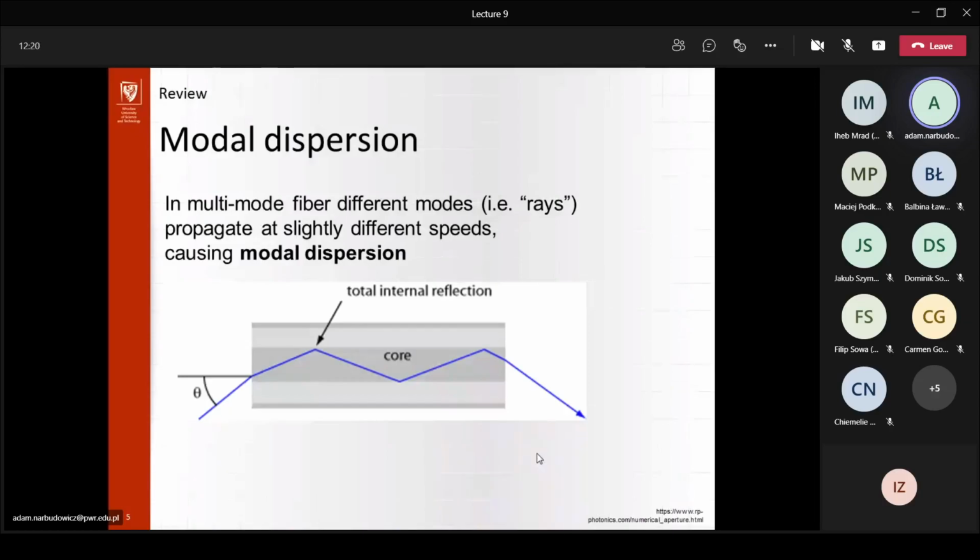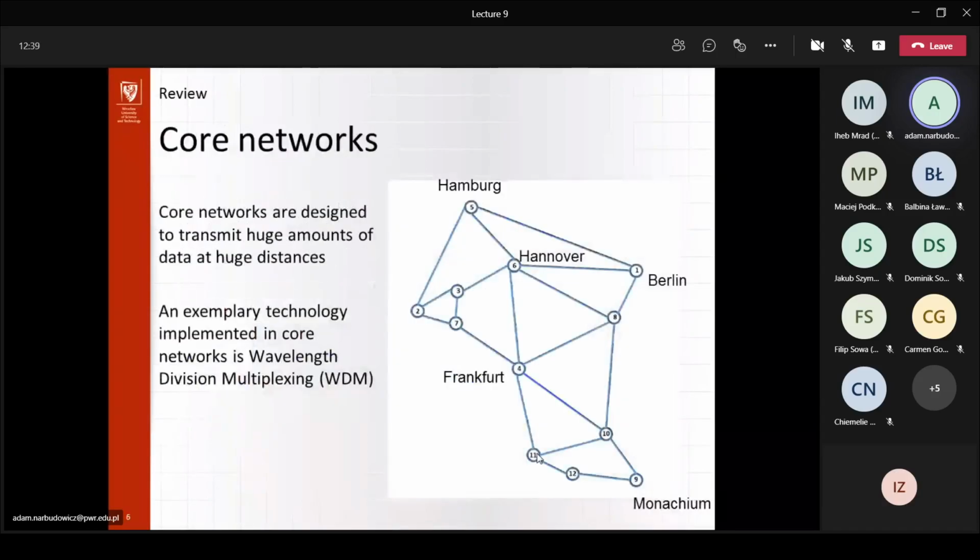Okay, and just because of that, there might be some delays. Again, the length difference doesn't need to be huge per unit, but it will accumulate over a long distance of the optical fiber. So that has to be taken into account.